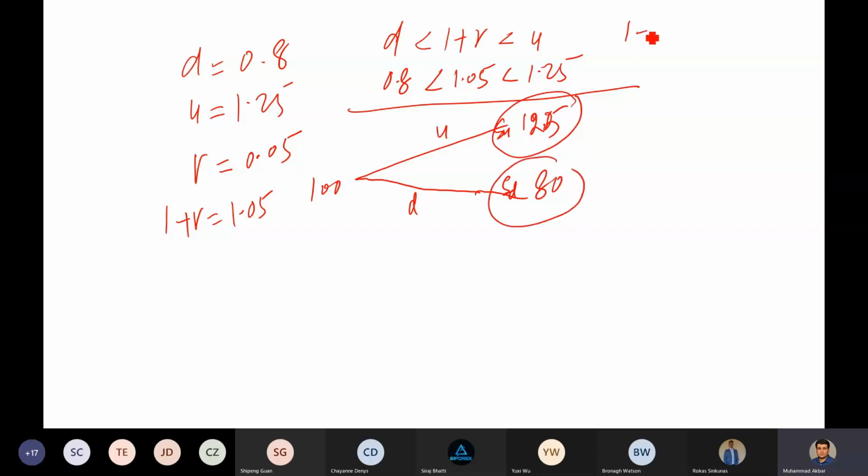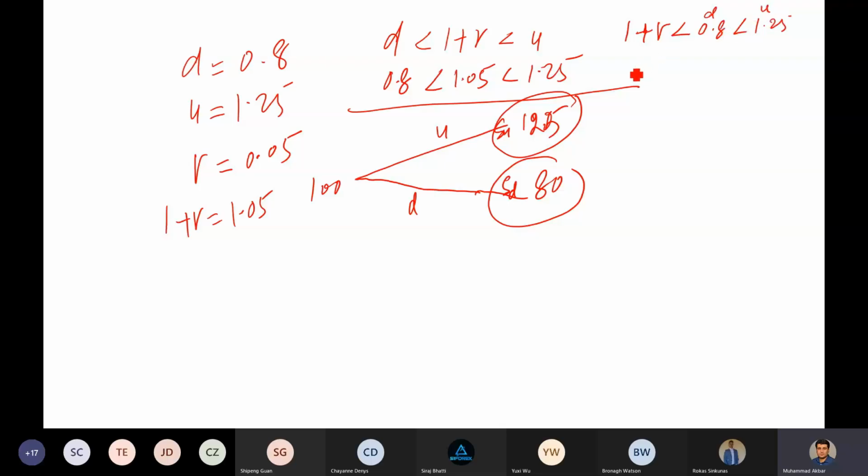For example, if we have a situation where 1 plus R is less than 0.8 and less than 1.25, that is 1 plus R is less than D and less than U. So what will happen?